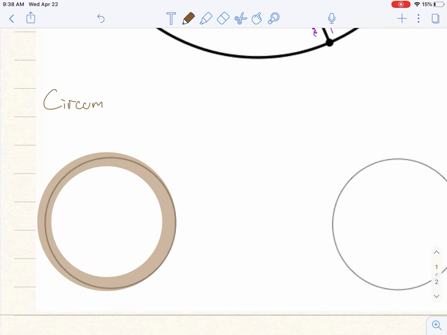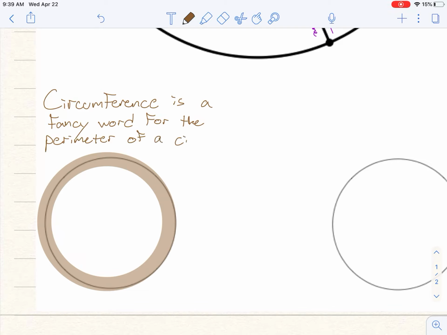So circumference is a fancy word for the perimeter of a circle. So the circumference goes all the way around the circle. It's the perimeter of that circle.